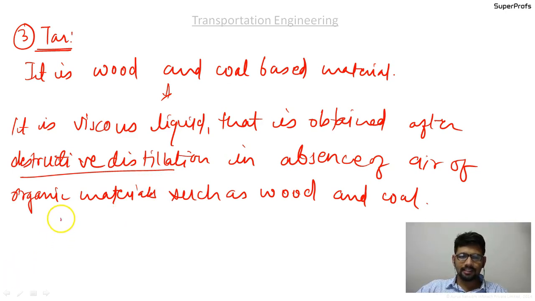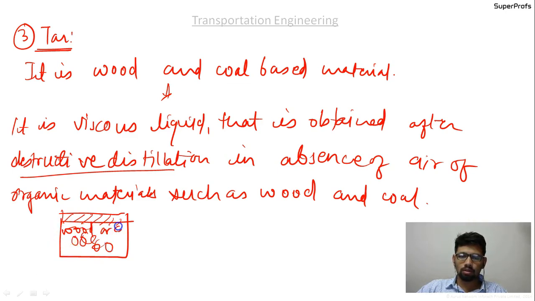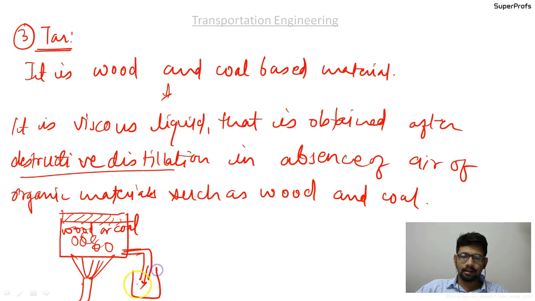So in destructive distillation, there will be some container like this that will be packed like this, an airtight one. Since it is in absence of air, there will be wood or coal over here. Okay, and what we do is we heat this one. After some time there will be some viscous liquid coming out from here, and we simply collect it, and this black colored viscous liquid is tar.